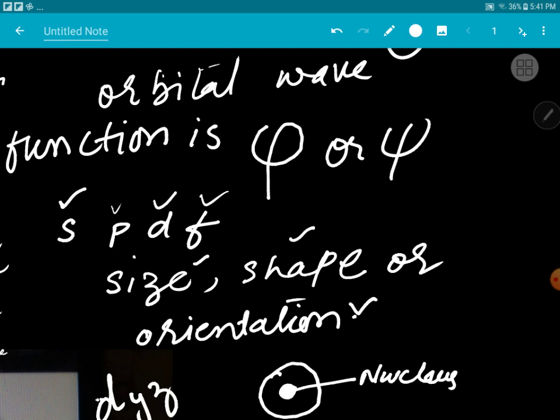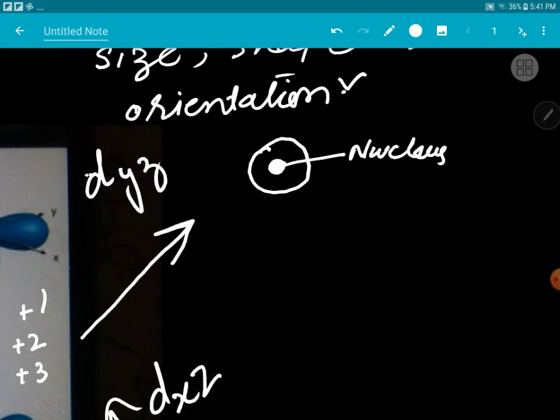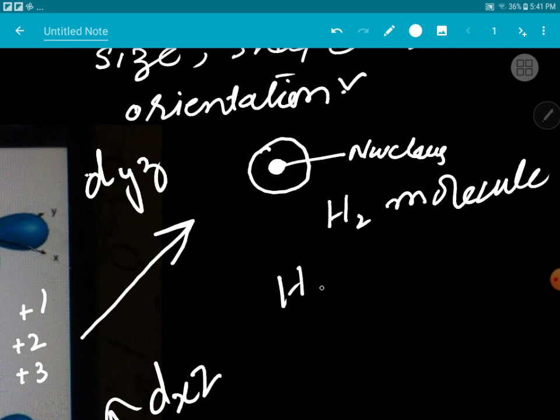A smaller size orbital means there is a greater chance of finding an electron near the nucleus, like in the hydrogen atom.